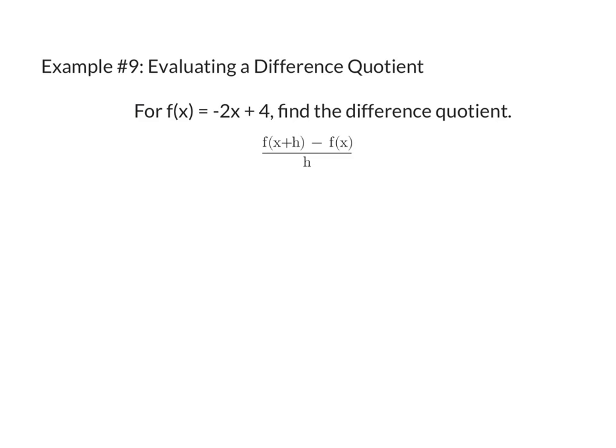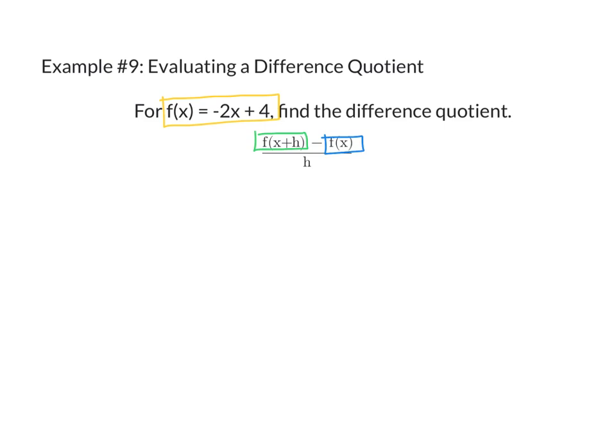All right, so for f of x equals negative 2x plus 4, find the difference quotient. First of all, I'm going to put this function in a golden box because this is always our function. But anytime we see f of something, it's letting us know that we are creating a new function. So in two separate boxes, I am going to create a function here, and a function here. Let's start with our first function, f of x plus h.